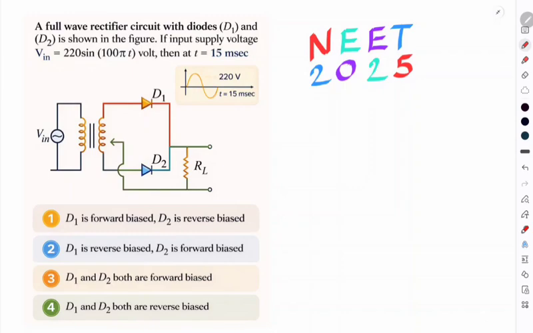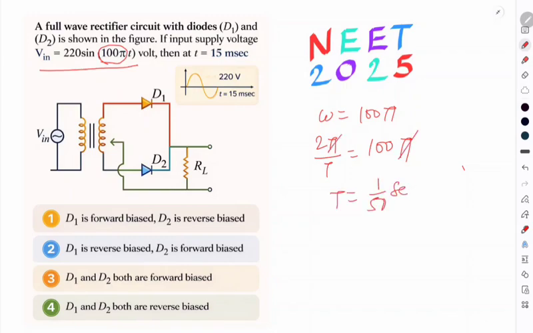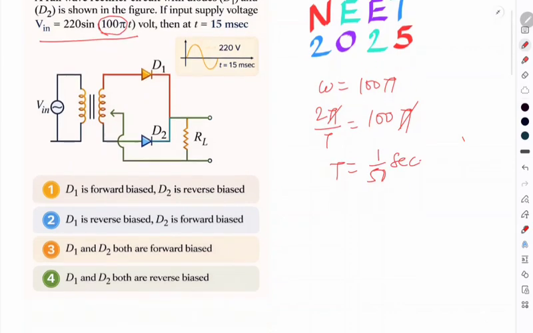As we know, if we compare it with a sin ωt, then ω is 100π, and ω is 2π upon T. So here it is 100π, π and π cancel out, and we get T as 1 upon 50 second. Now for t equal to 15 millisecond, let us see how many rounds are completed.